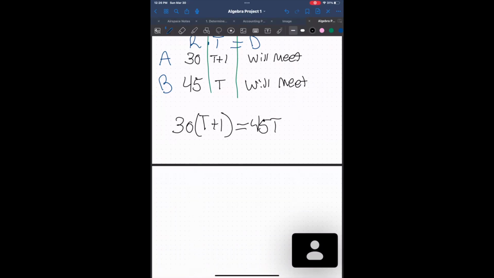So we're going to distribute 30 into both. So that's 30t plus 30 equals 45t. And then we're going to move them to the same side.